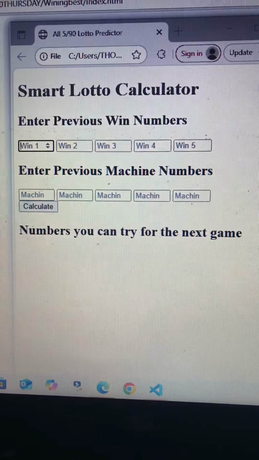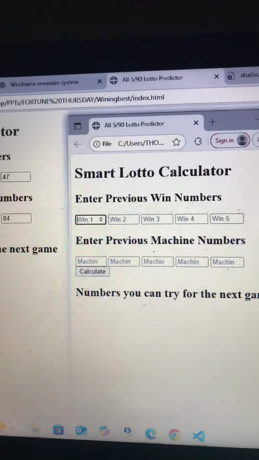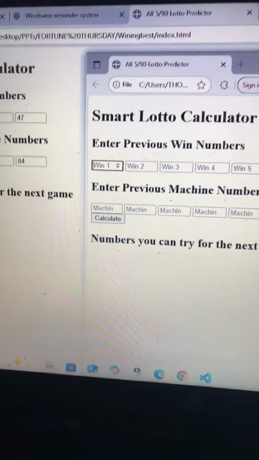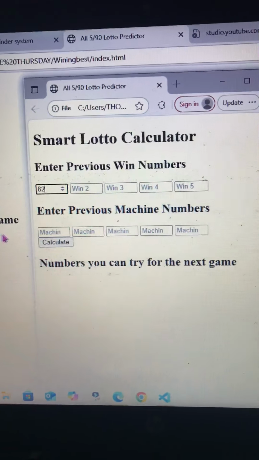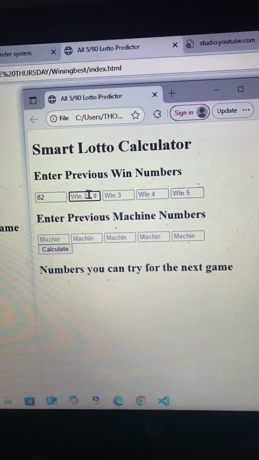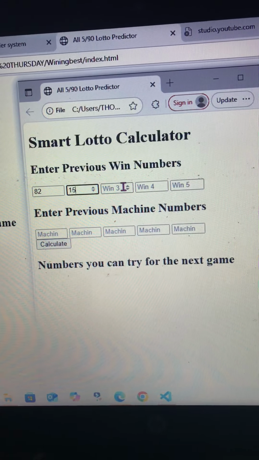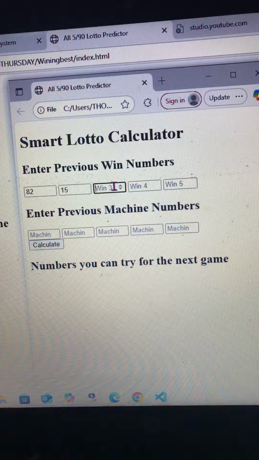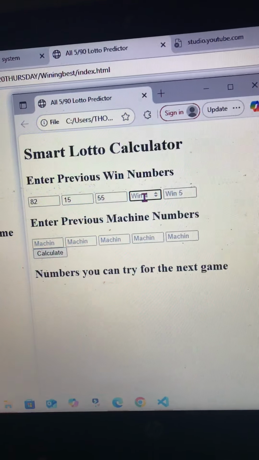Alright, so let's go. Let's enter. We are entering these numbers into this. So the first one is 82. Then next we have 15. Next we have 55. Next is 67.